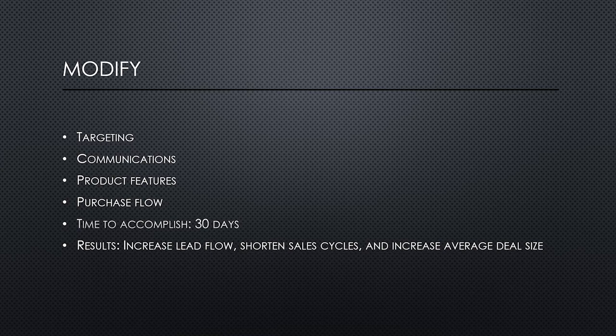Modify your communications to the channels that your ideal customer profile said they spend time, where they get their information, people that they trust. Bring information back into your product team and ensure that they're building product features that speak to and make life easier for your ideal customer profile.